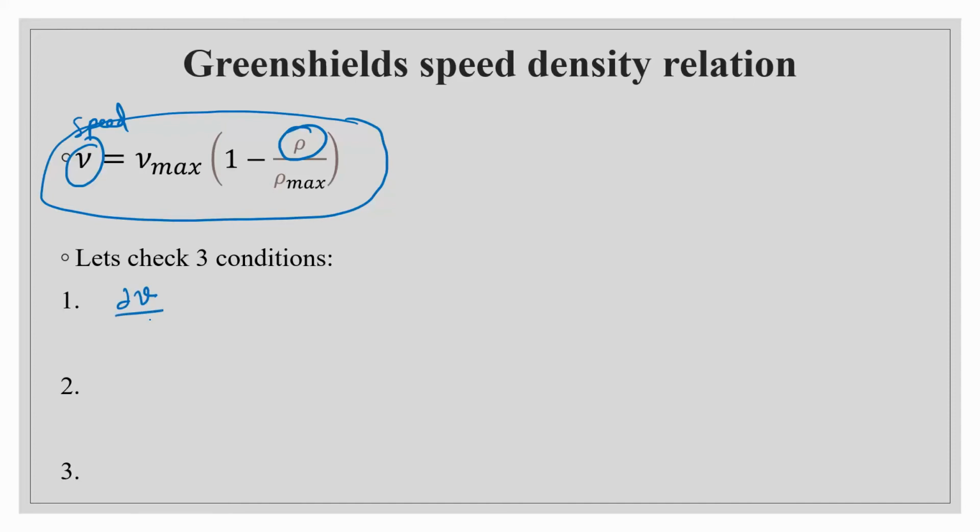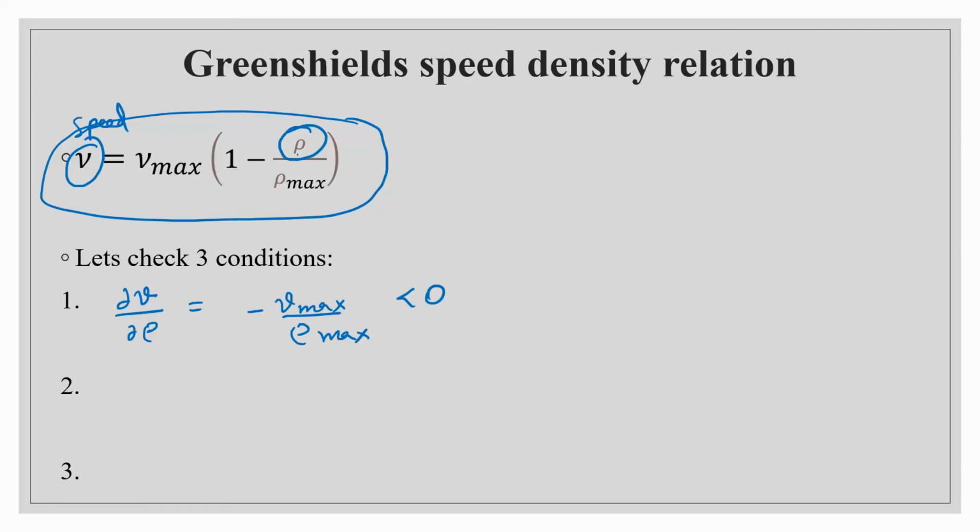So del V by del rho. If you differentiate this with respect to rho, what you are getting is minus V max upon rho max, and you can easily see that this one is less than 0. So the first condition is satisfied. The second one is V is equal to V max when rho is equal to 0.